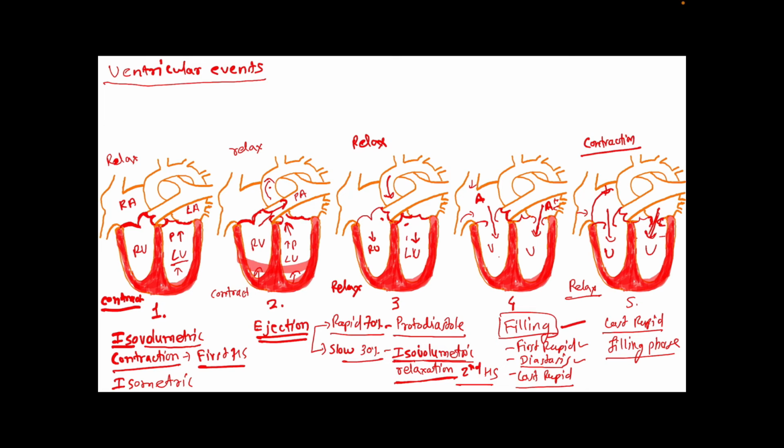So the third heart sound is heard during this first rapid filling phase, and in the last rapid filling phase the fourth heart sound is heard. Okay, and this will again start the isovolumetric contraction and this cycle will repeat again and again. So this is in short about the ventricular events which occur inside the ventricles.